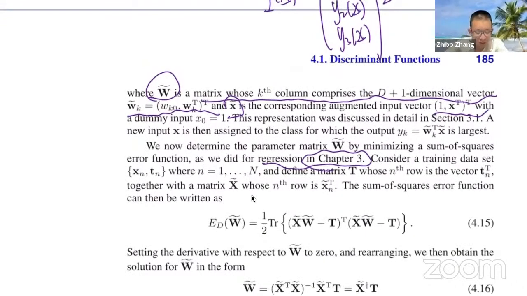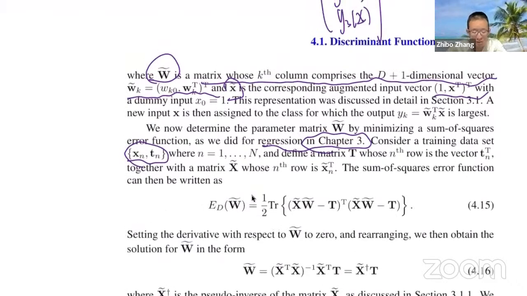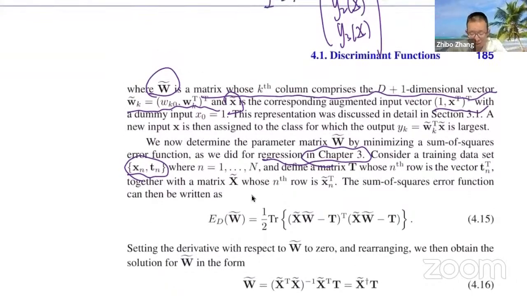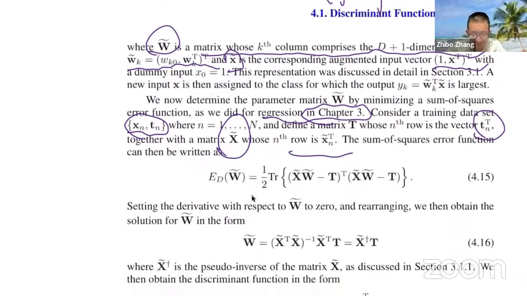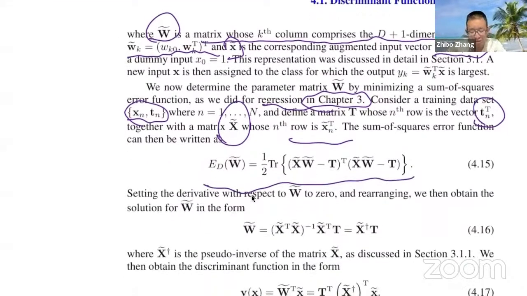So consider a training data set x_n, t_n, where n indexes one data point from the training set, and define a matrix T whose nth row is the vector t_n transpose, together with a matrix X-tilde whose nth row is x-tilde_n transpose. The sum of squares error function then can be written as this thing, right?